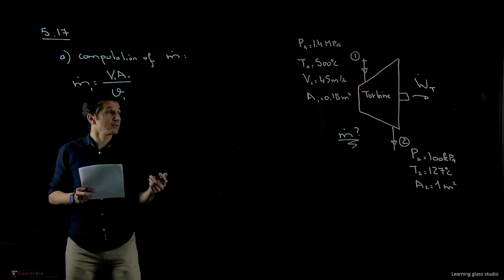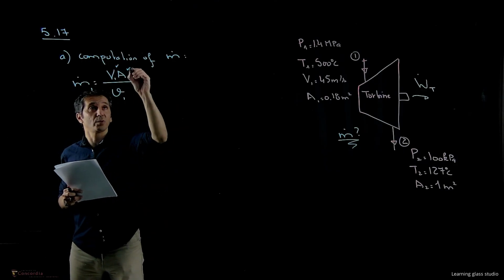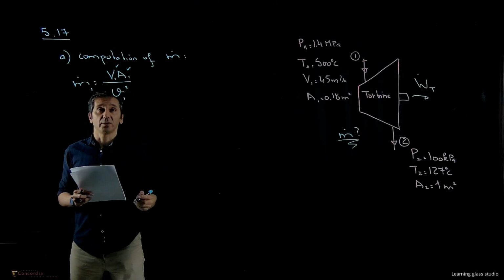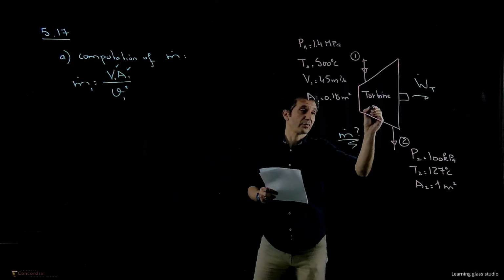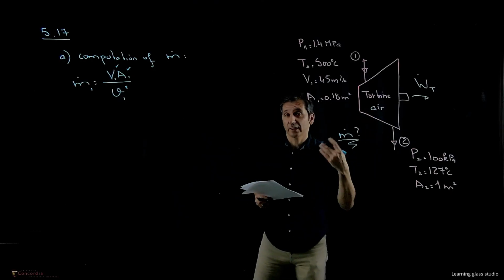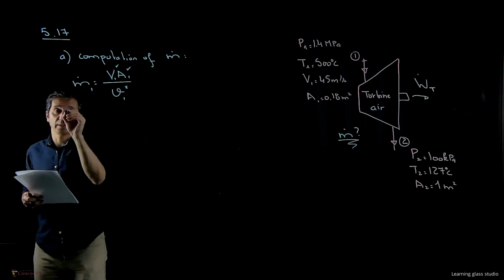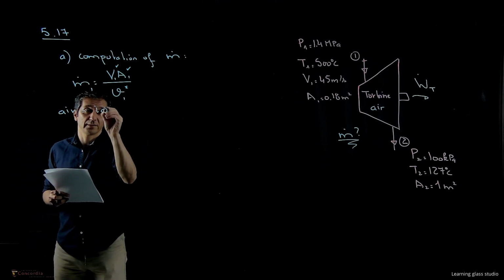Do we know the velocity V1? Yes, we do. Do we know the area A1? Yes, we do. Do we know specific volume? This one we don't. But we are using air, right? So we have air flow in here. So we can give it a try and apply the ideal gas law. So we have air, ideal gas.